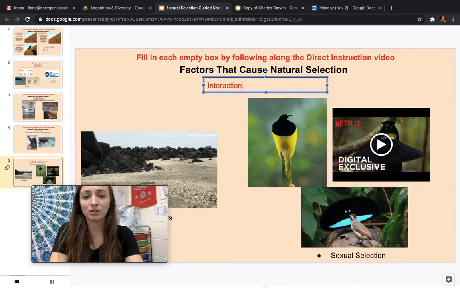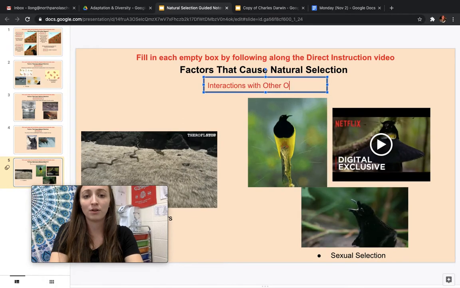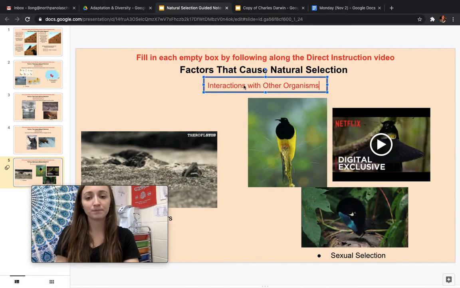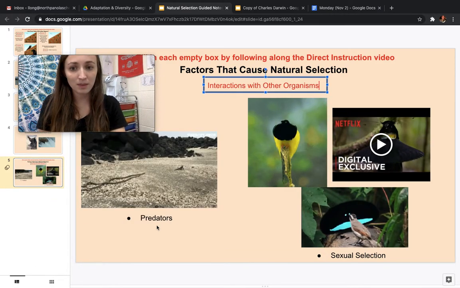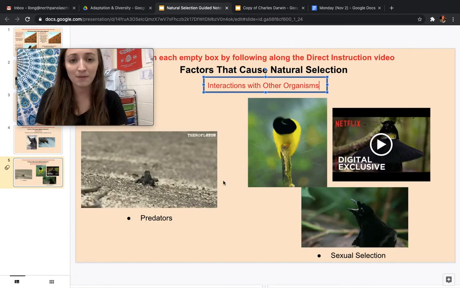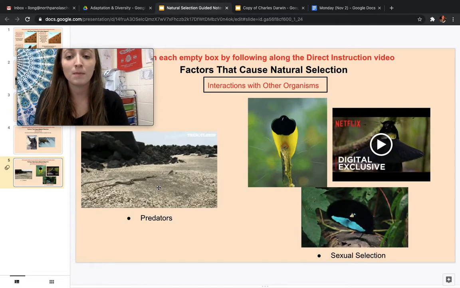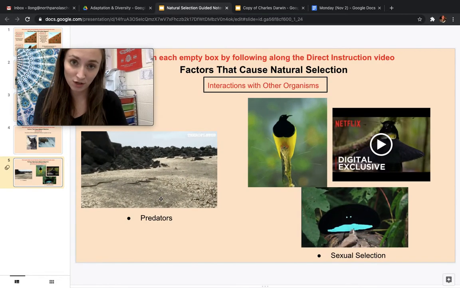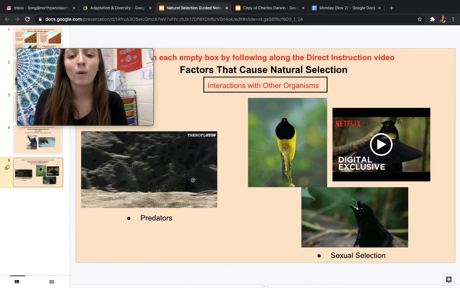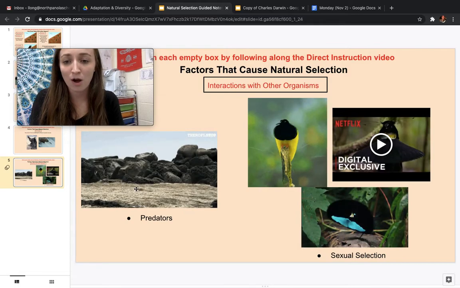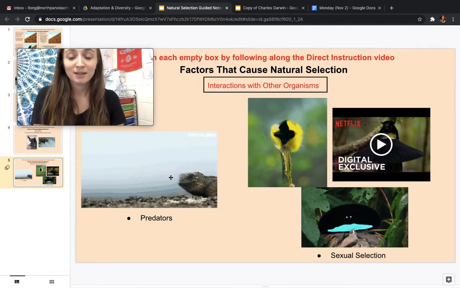It's interactions with other organisms. We typically think of predators when we think of this type of natural selection. Maybe you've seen this video on, I think it's Planet Earth. It's one of the Earth documentaries where this lizard is being chased by all of these snakes.